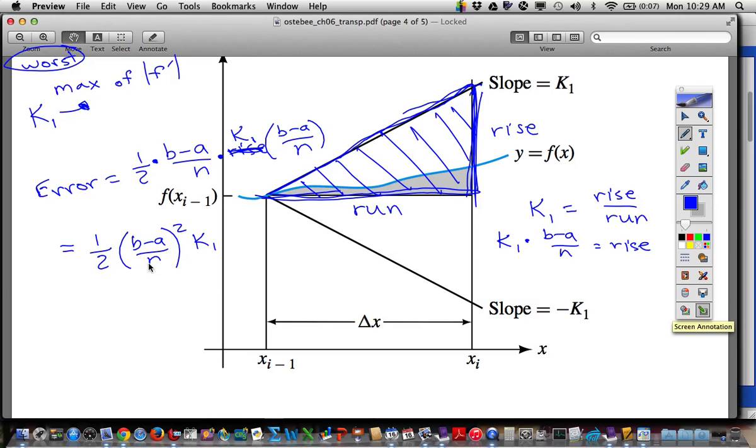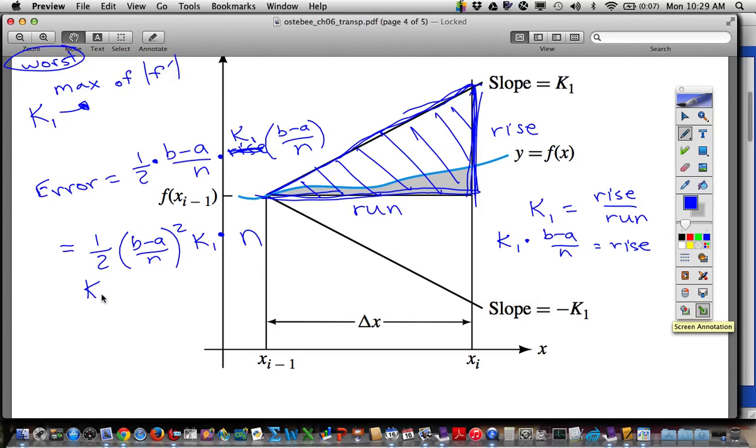So this is just for one subinterval. This is how much error there's going to be. So what's the max error for the whole interval? We have to multiply this by how many subintervals, which is n, right? So this is the error in one subinterval, and then we have to multiply that by n. So let's rearrange this a little bit. Let's square the top and the bottom of this. So what am I going to have on top?